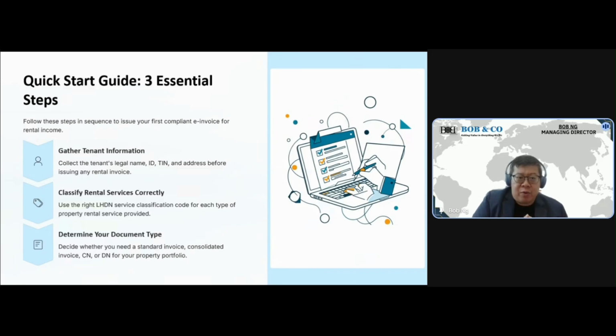Why I say all these are important is because the e-invoicing portal would require all this information as well. The second thing is to classify the rental services correctly. LHDN has its own classification codes for each type of property rental service that you provide, so you need to identify these classification codes in advance.